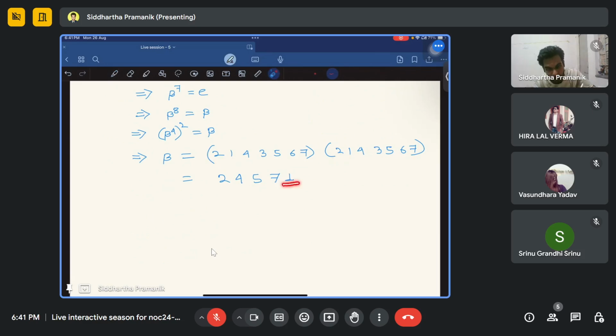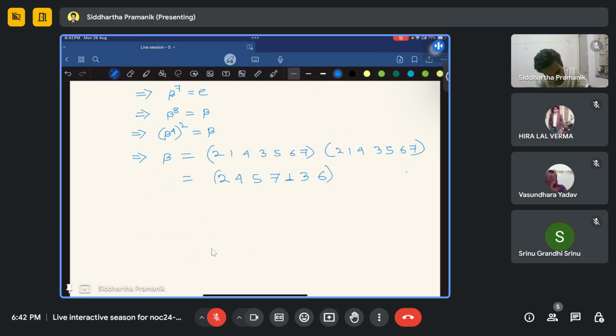Let's see 1. 1 goes to 4, 4 goes to 3. So 1 goes to 3. Let's see 3. 3 goes to 5, 5 goes to 6. So 3 goes to 6. Let's see 6. 6 goes to 7, 7 goes to 2. So 6 goes to 2. So we can close our bracket.